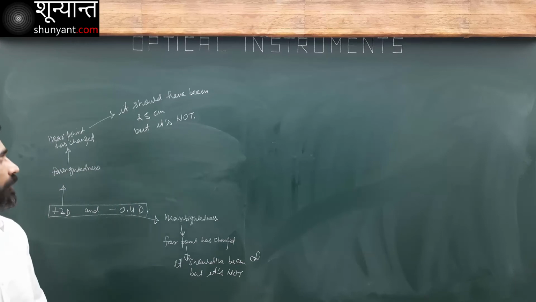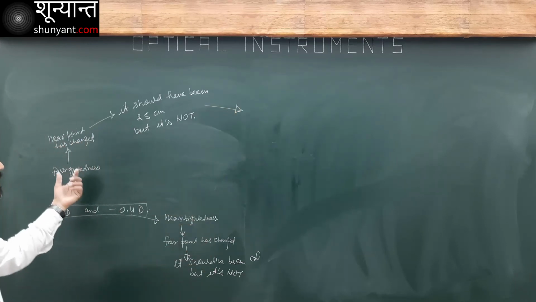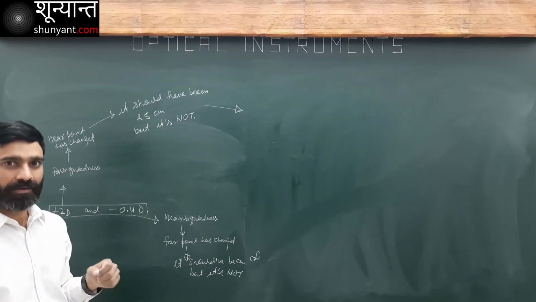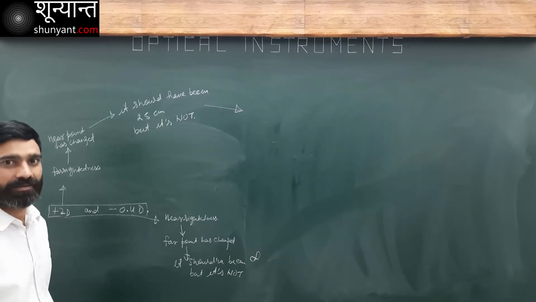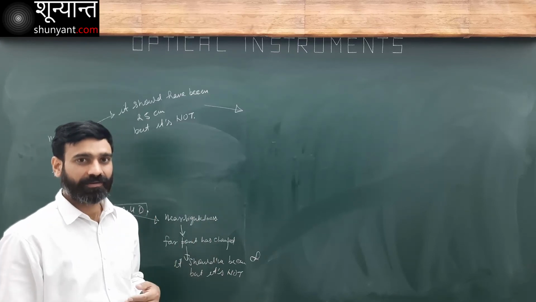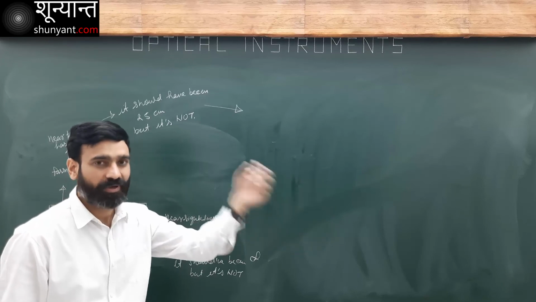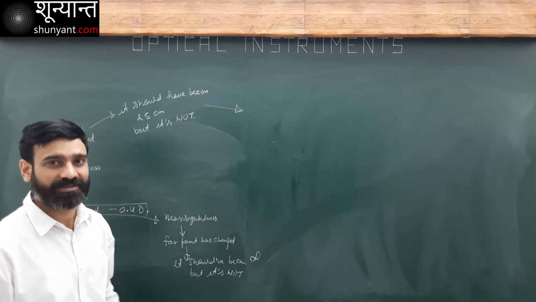Now how do I find the near point? That means this person cannot see an object which is kept at 25 centimeter. To correct that, the person is using this lens. That means the near point has shifted. The object is kept at 25 centimeter, but its image is formed somewhere else, and that image the eyes of the person see.